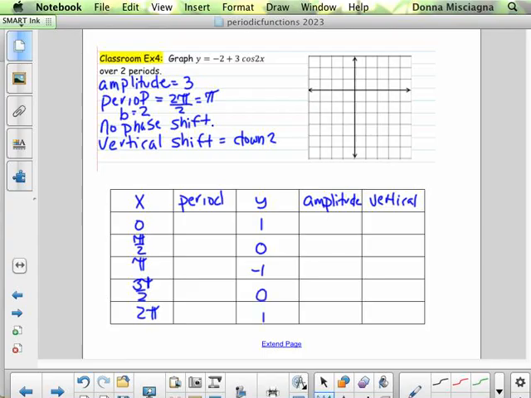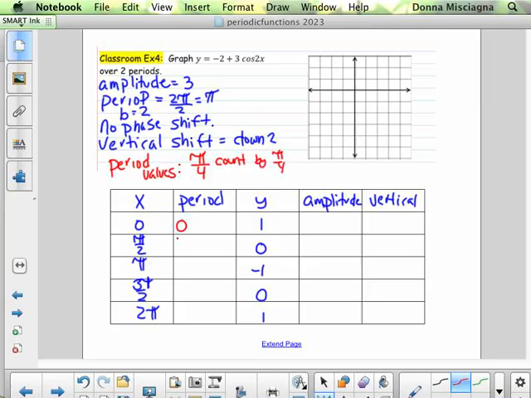For the period, we're going to take the period and divide by 4. So pi divided by 4 is pi fourths. So we're going to start at 0 and count by pi fourths.